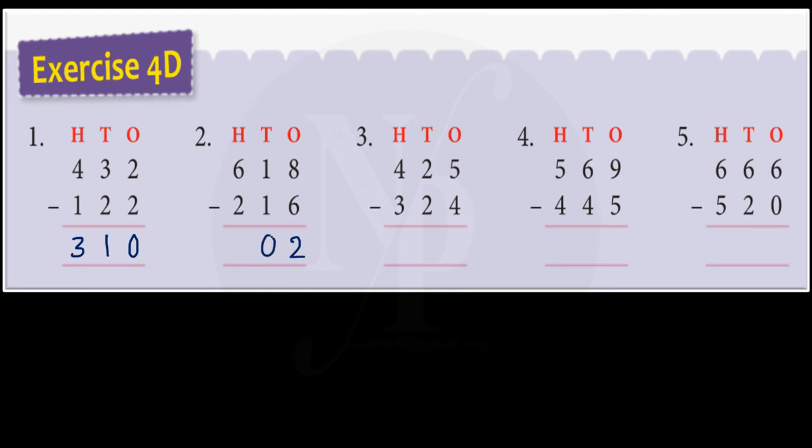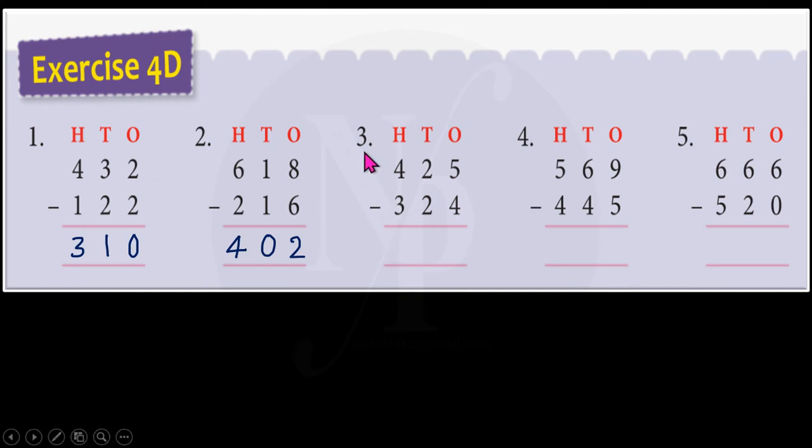We write 0 here. And at hundreds place, we have 2 hundreds to be subtracted from 6 hundreds. So on doing so, we get 4 hundreds. We write 4 here.